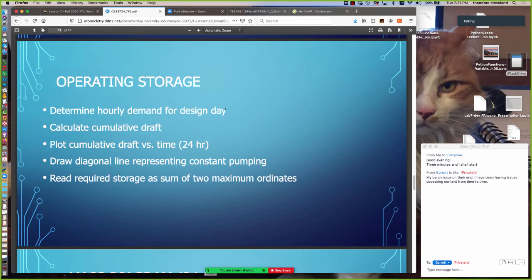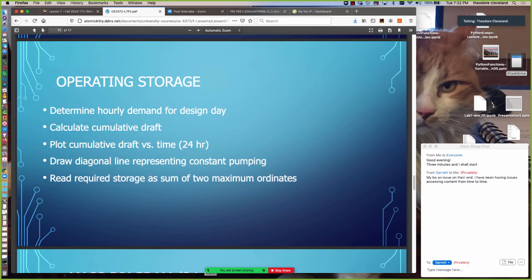So one thing we could do is use average demand and then use a curve that adapts for each hour of that day. Then calculate the cumulative draft, or how much has to be drawn from the reservoir over that 24-hour period, and then plot that cumulative draft versus time, and then draw a diagonal line representing constant pumping, and the required storage is the sum of the two maximum deviations.